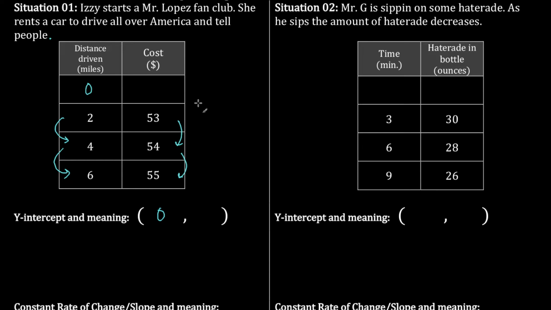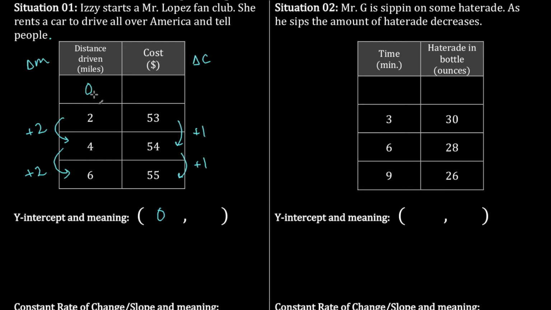So let's figure out the change in cost. This is the distance driven. So Izzy rented a car and she's driving. And so I'm going to put the change in M, change in miles. I prefer to write it that way. So the cost increases by $1 when the distance increased by 2 miles.